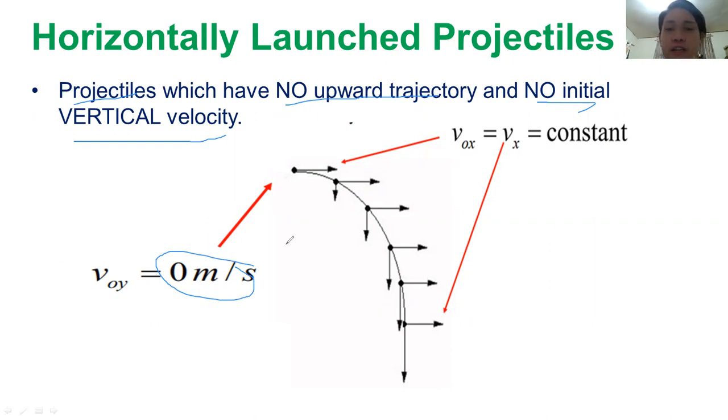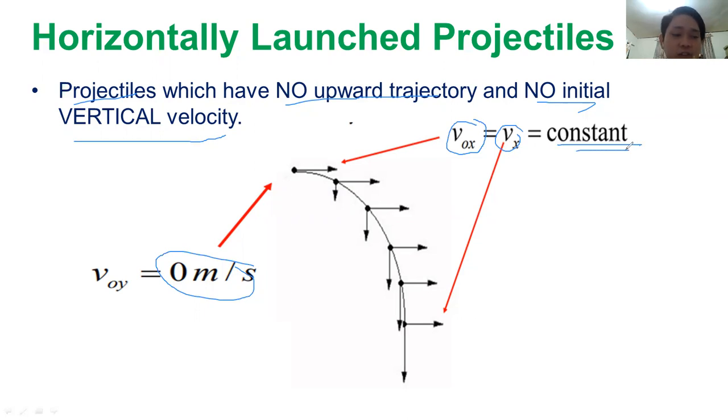Another thing, this gives us the idea about the initial velocity along the X component or horizontal line, and this one is the final velocity along the X component or horizontal line. That means they are equal, meaning they are constant.